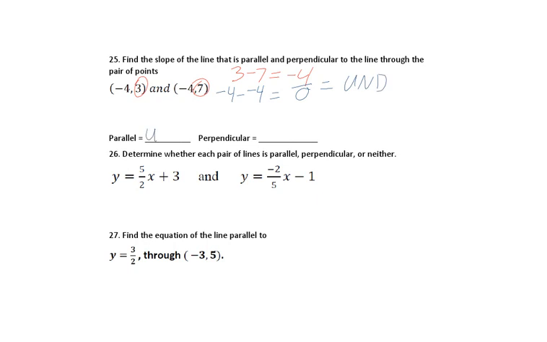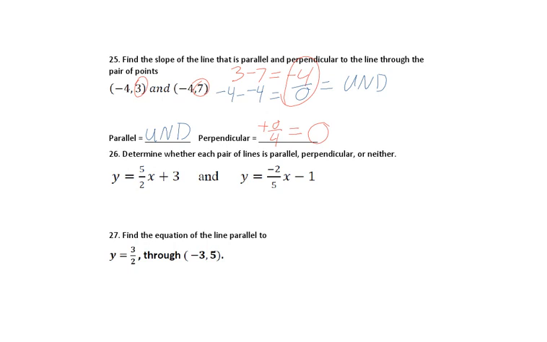So parallel is undefined. Now perpendicular. If you were to turn this upside down, flip it over, and change the sign, you would get positive 0 over 4. But anytime you have a 0 on top, the answer is automatically 0. Okay, very good.